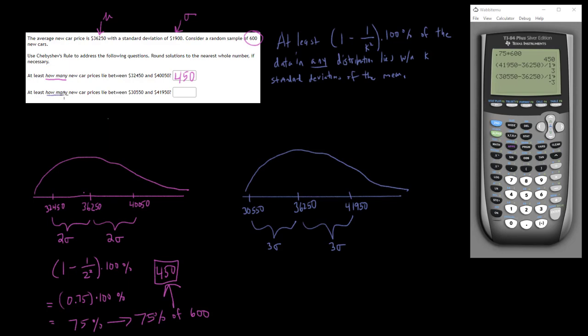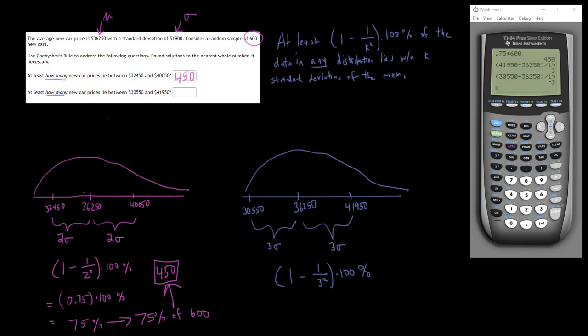If the question said, what percentage of the new car prices lie between 30,550 and 41,950, well, we would be done by just plugging into this formula, and you would get 1 minus 1 over 3 squared times 100. You've probably already seen this calculation.